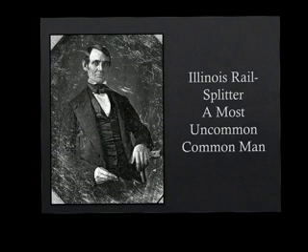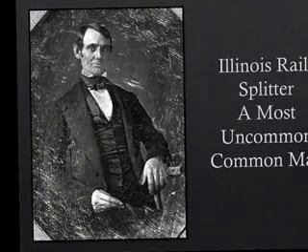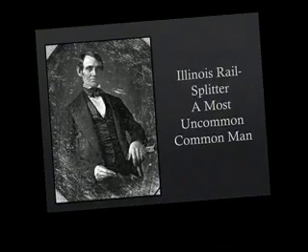Now in your textbook, from page 405 to about 407, the authors take some time to introduce you to the young Abraham Lincoln, and this is getting to the United States Senate race from Illinois between Stephen Douglas and Abraham Lincoln.